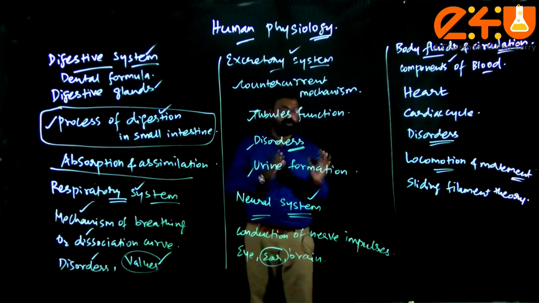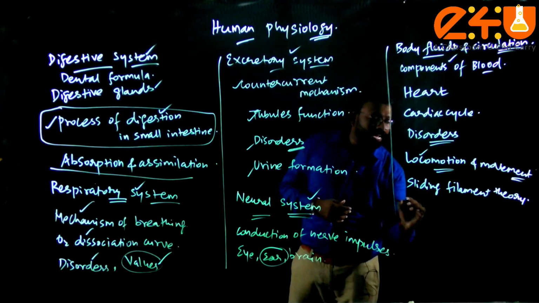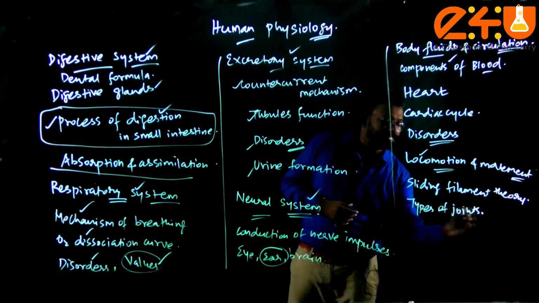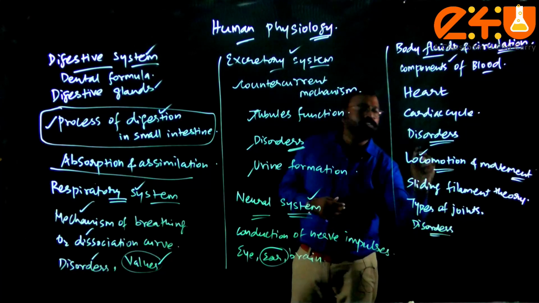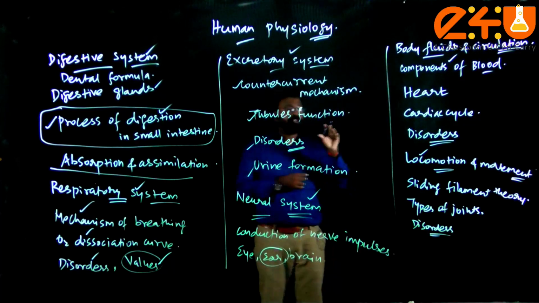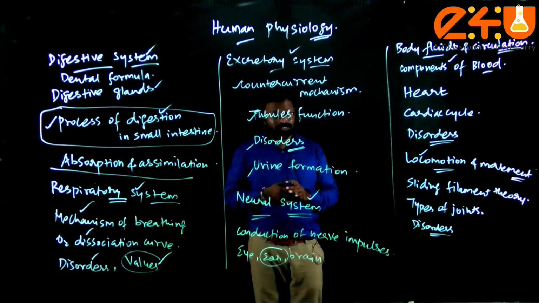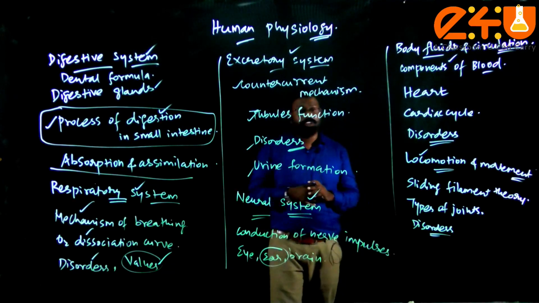Focus more there, and on types of joints, then disorders. Locomotion carries 2 to 3 MCQs, especially 2 MCQs; sliding filament and joints play a major role. Then the bones and skeletal system, the complete structure you need to learn.